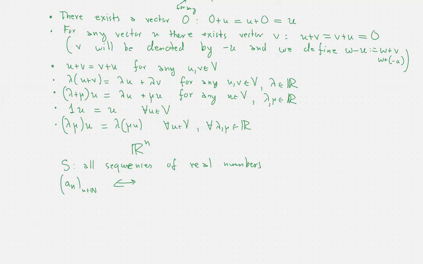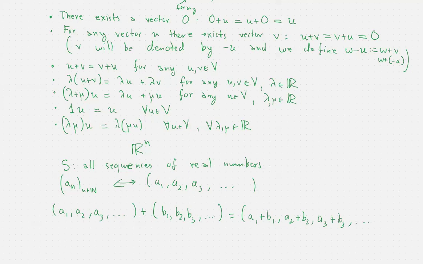So a1, a2, a3, and so on. So when you add two such sequences, you just add them coordinate-wise. And when you scale such a sequence, again, the scaling takes place coordinate-wise.